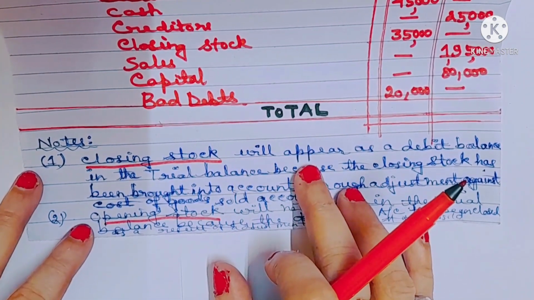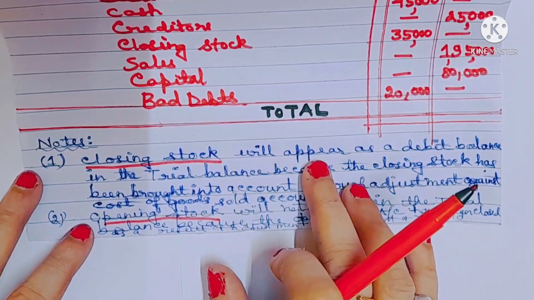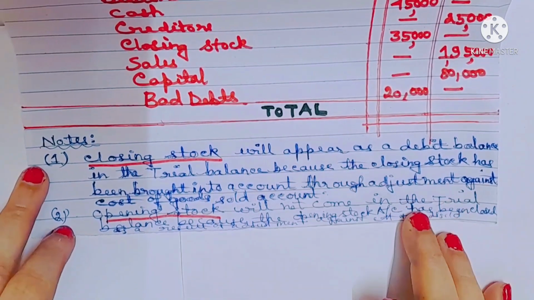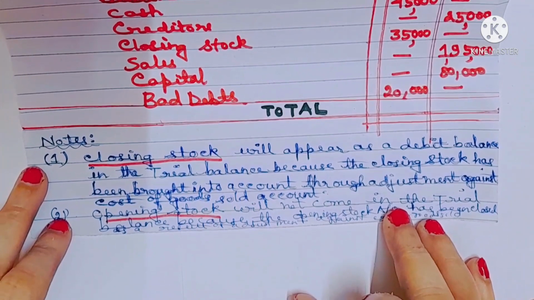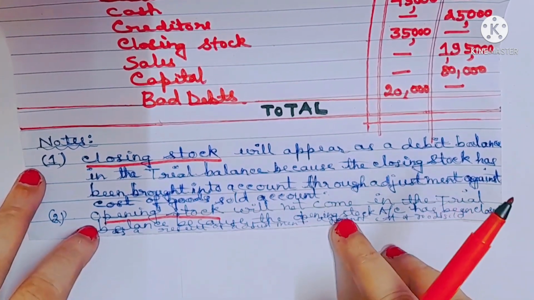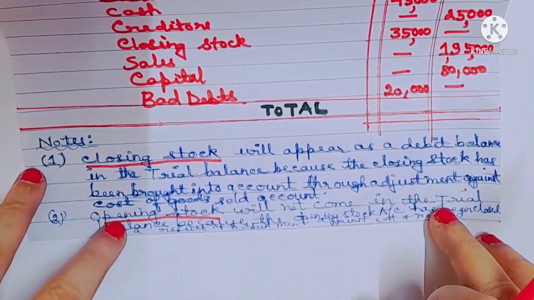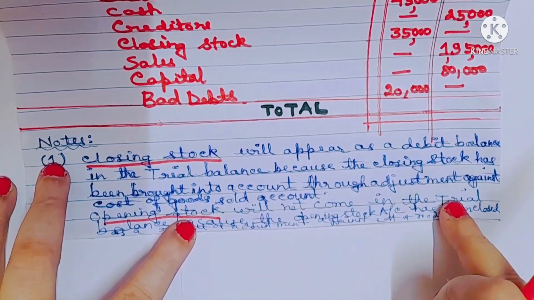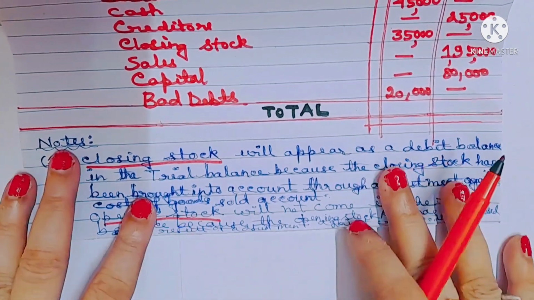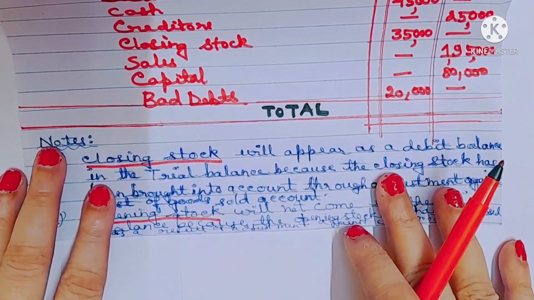And that is the reason closing stock will appear as a debit balance in the trial balance. Okay. Number 2, opening stock will not come in the trial balance because the account opening stock has been closed as a result of adjustment against cost of goods sold. Okay. Because while calculating cost of goods sold, we have added opening stock.